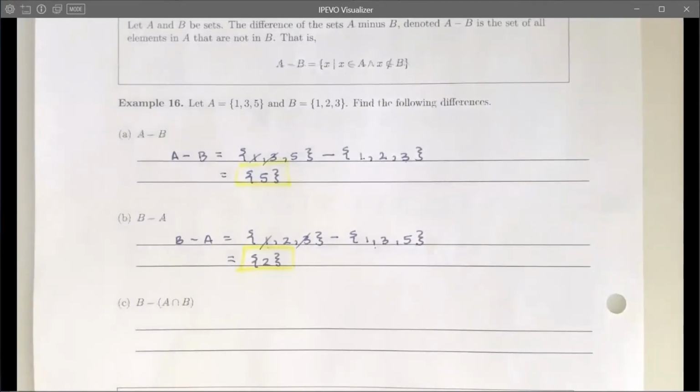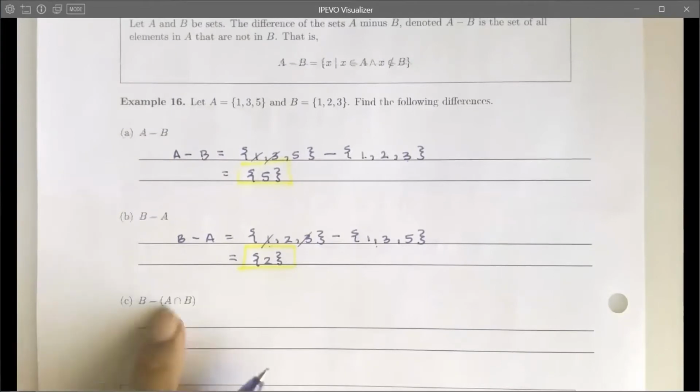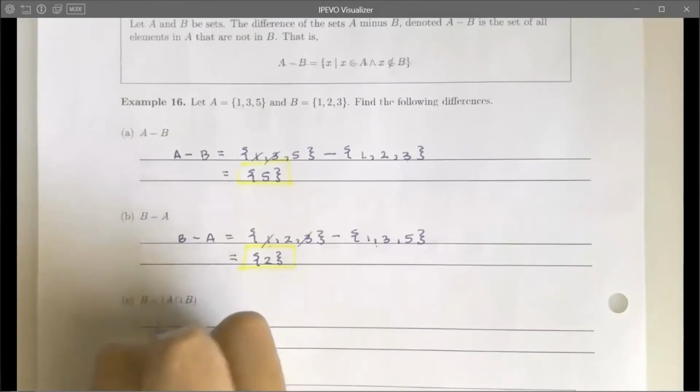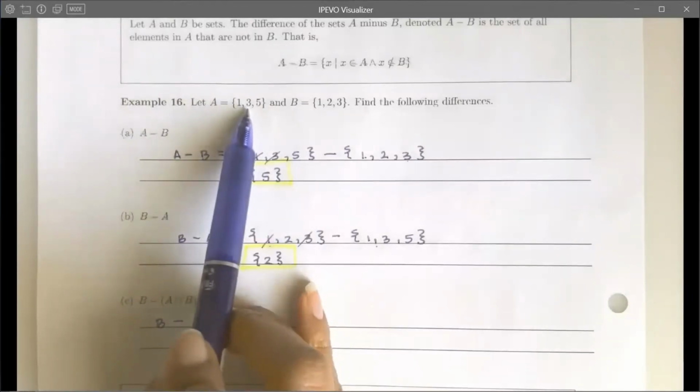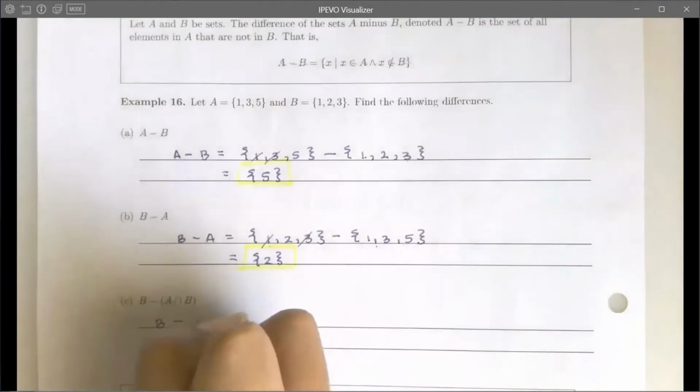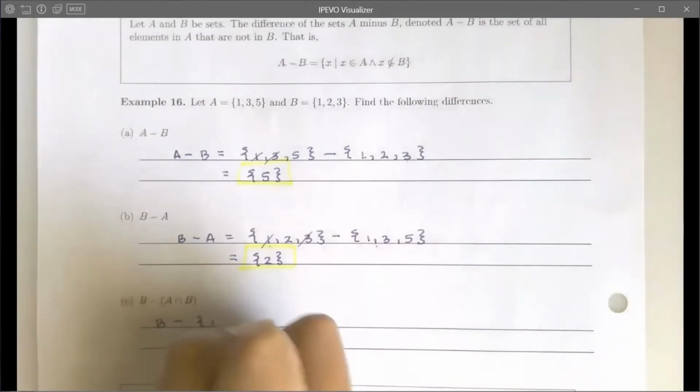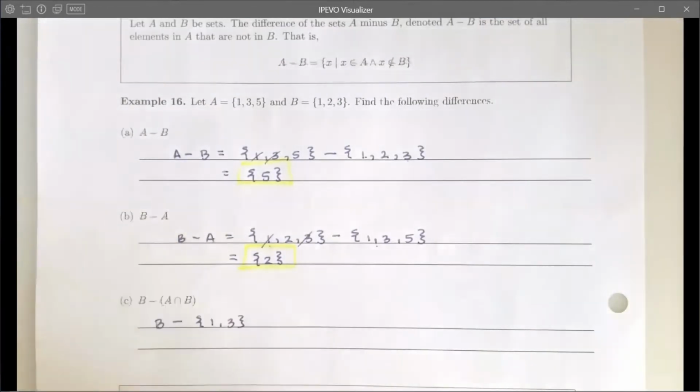And we have one more. We're going to be computing B minus the intersection of A and B. So first, let's take care of the intersection. The intersection of A with B would mean they share in common the 1 and the 3, right? So the intersection would be 1, 3, which we also calculated in example 15.